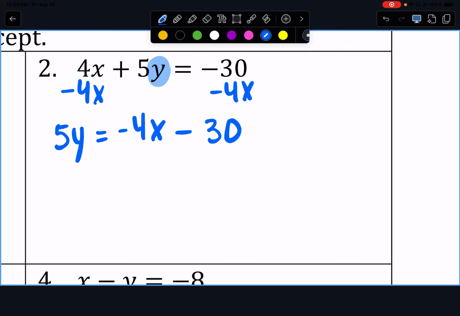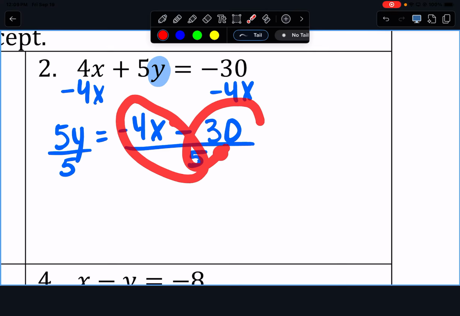Now I need to solve for y. So what do I do? Divide everything by 5. Just like when you multiply both sides, you have to distribute to both terms, when we divide, we have to make sure we divide both terms.